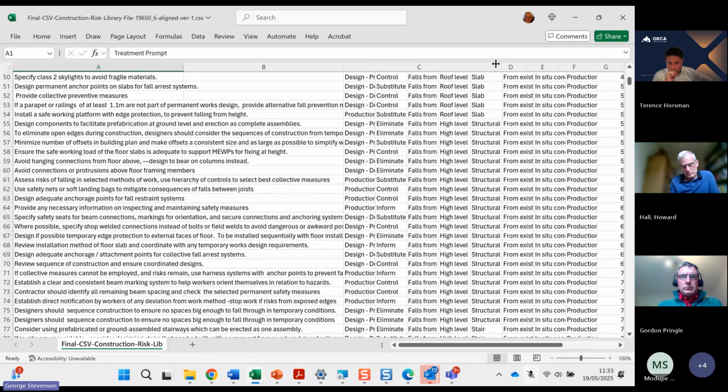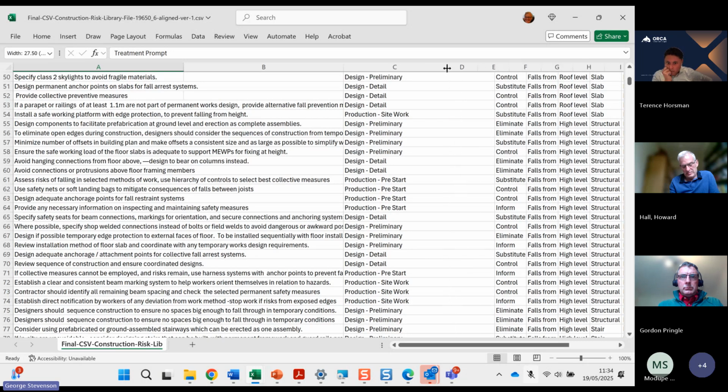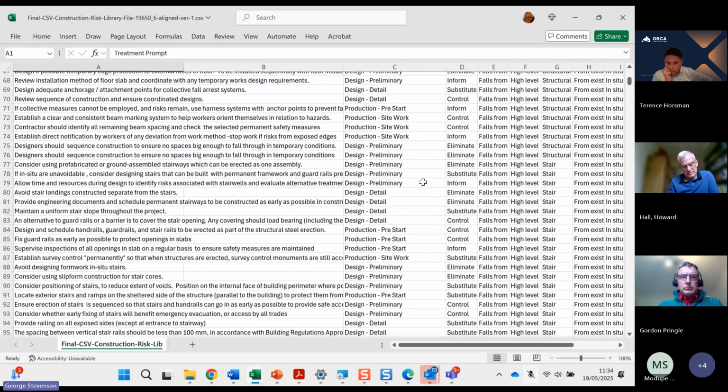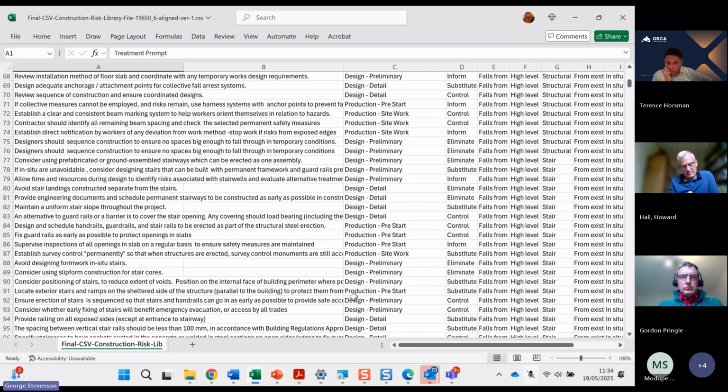I've not properly looked at it yet, but it's looking at things from a CDM perspective. And what I'm interested in is to see if, as far as Active Plan is concerned, for example, we can put this in as libraries so that when you're looking at a 360 photo, for example, you can assign against an asset or a system or a space a risk.